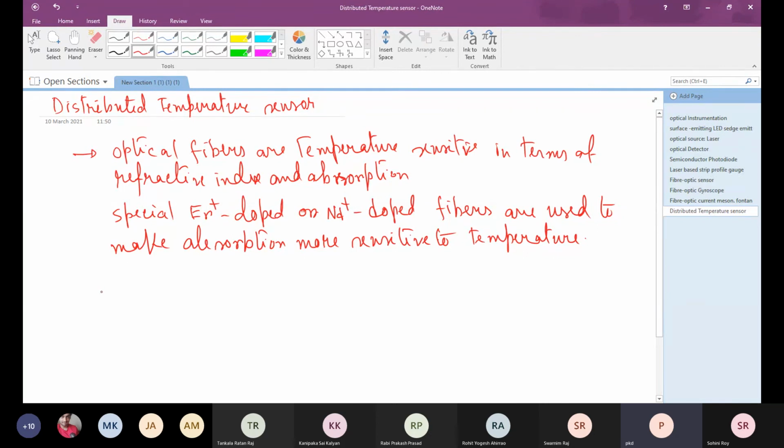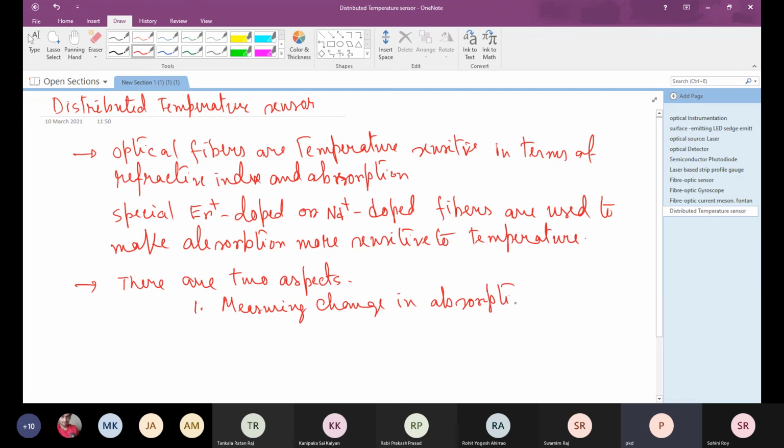So there are two aspects in a distributed temperature sensor. One is measuring the change in absorption, and then locating the change.